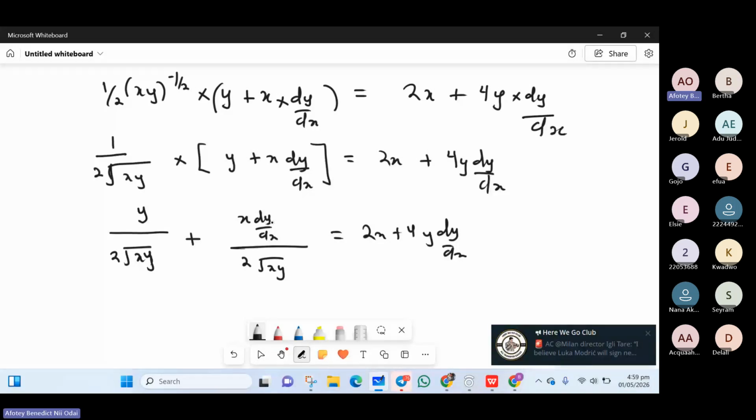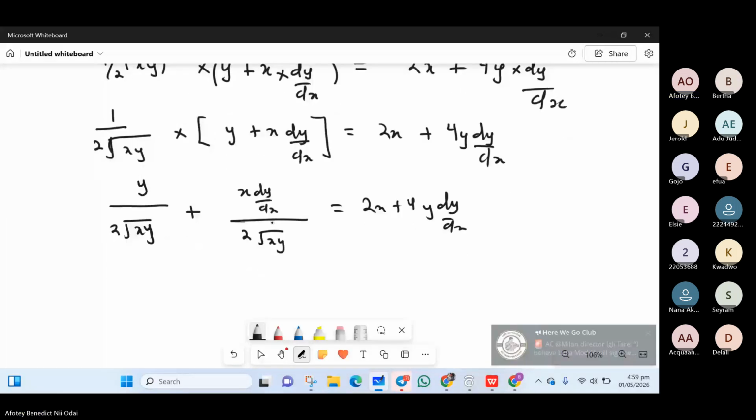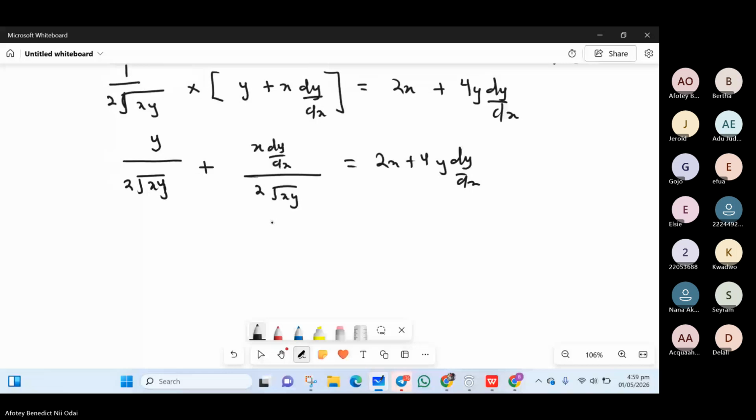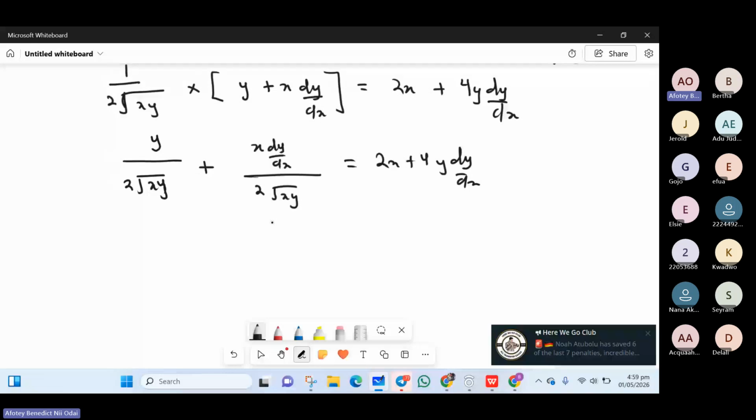Let's try and get rid of our denominator, by of course multiplying both sides by 2 root of xy, right?